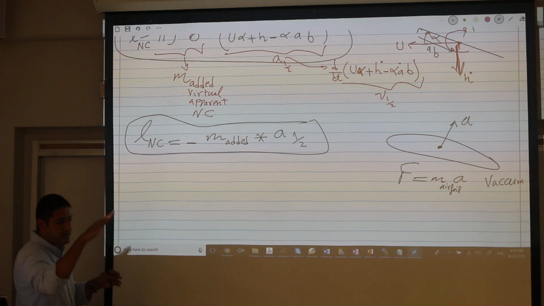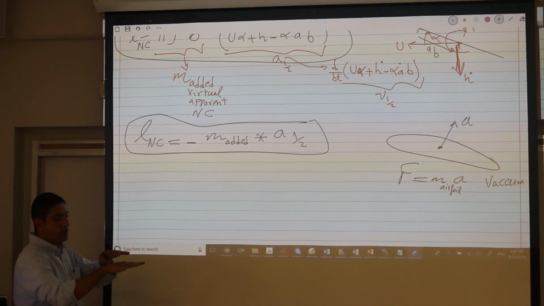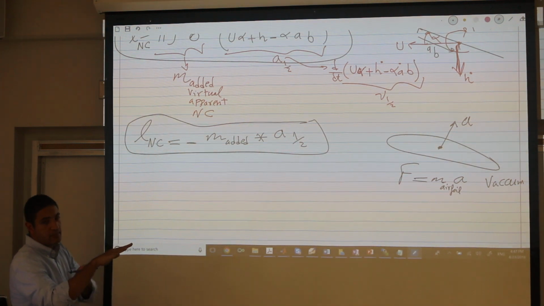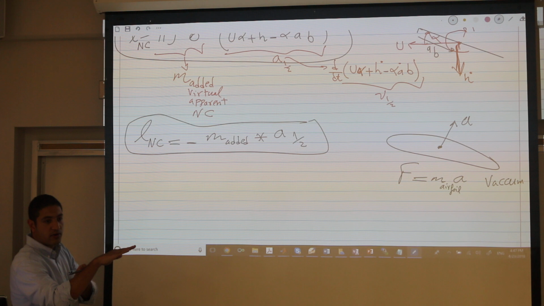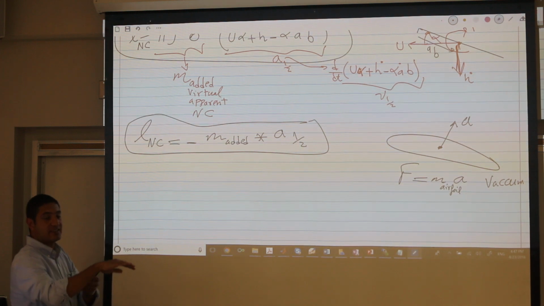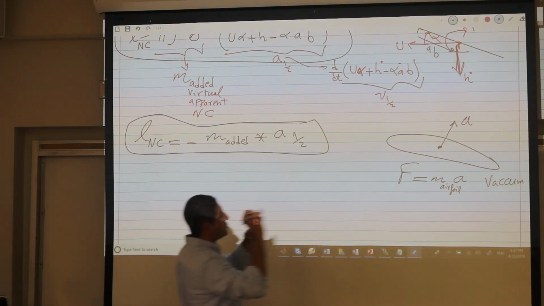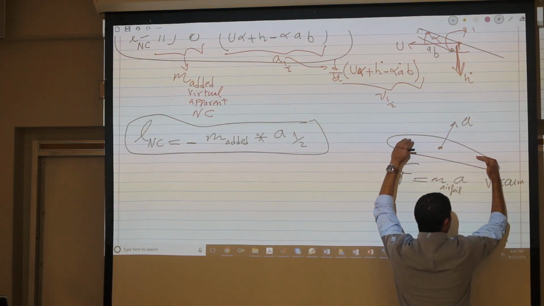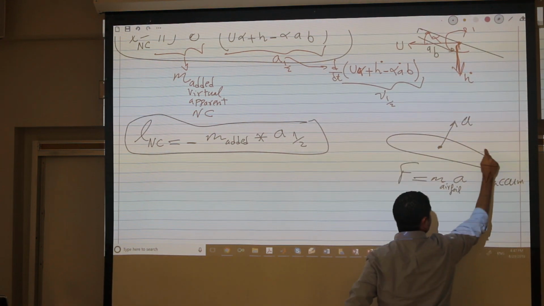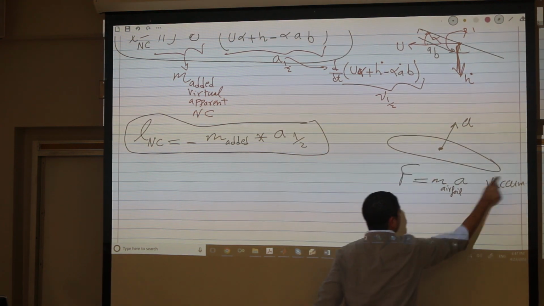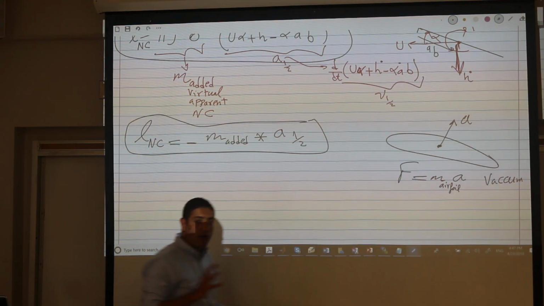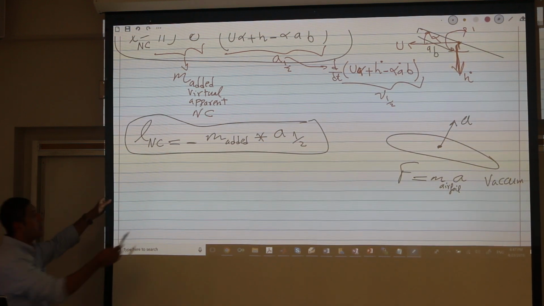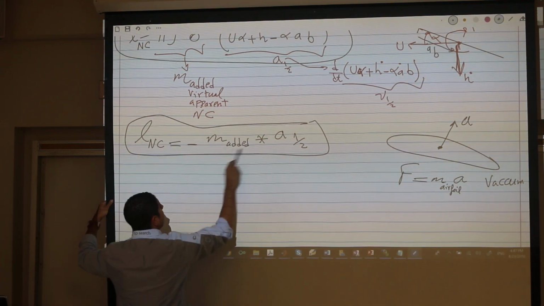Because when you accelerate the airfoil, you need to accelerate the slice of air in the immediate vicinity of the airfoil. At the beginning, if the surrounding air is stagnant, you need to accelerate this surrounding fluid. How much? According to this theory, it's this exact mass.